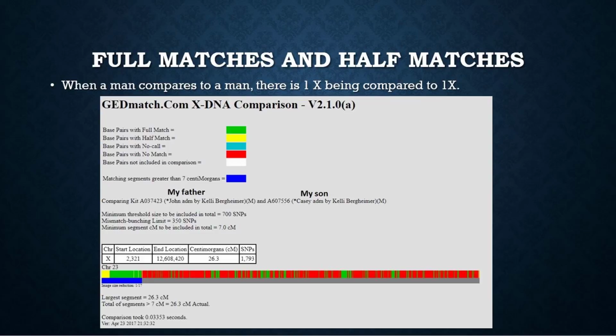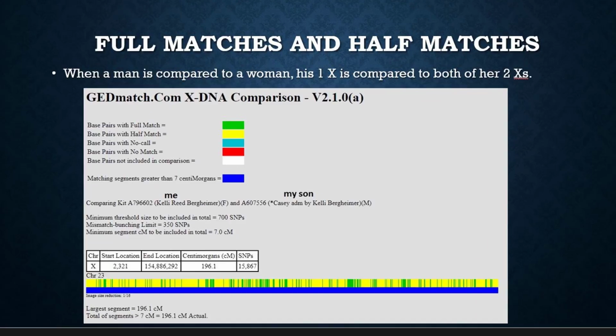For full and half matches, this is something that comes into play with xDNA. When a man is comparing to a man, whether it's my father compared to my son, or my son compared to some other man that he's matched to on xDNA, remember, my dad has one X and my son has one X. So they're only comparing an X to an X. It's a little bit different when you're comparing a man to a woman, because a man has one X, but GEDMATCH compares it to both of her X's.